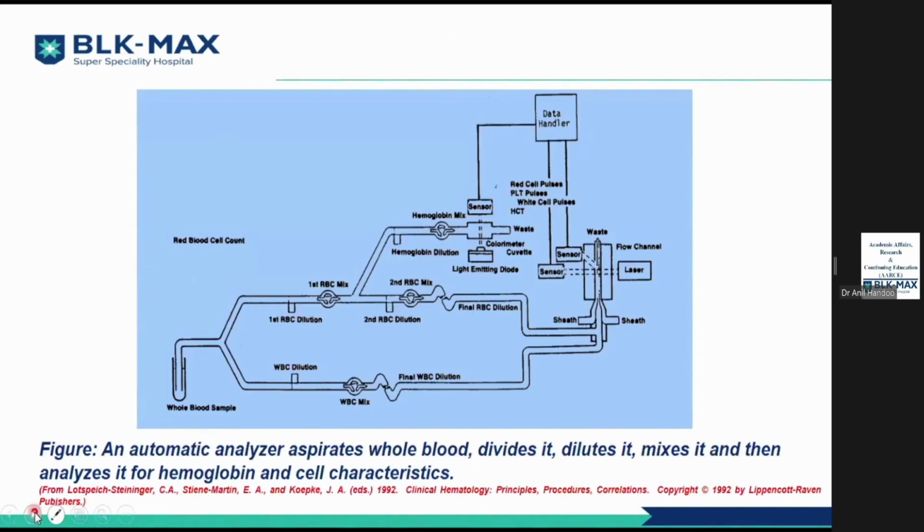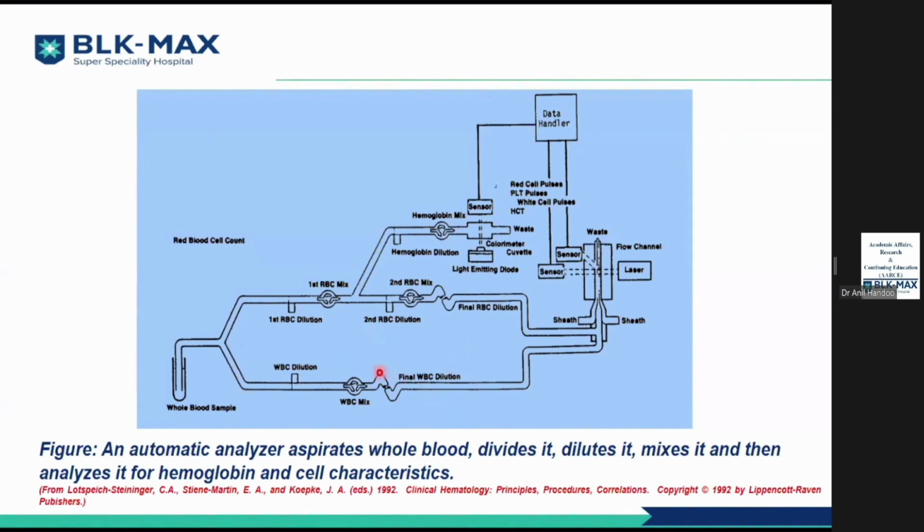Just to reiterate, the moment the sample reaches a CBC analyzer, it gets aspirated and divided into two parts. One is for the RBC, with the RBC platelet channel, where you look at the RBC and platelet parameters, and you also get hemoglobin from the same channel. If you want to take it further, there is the reticulocyte channel as well.